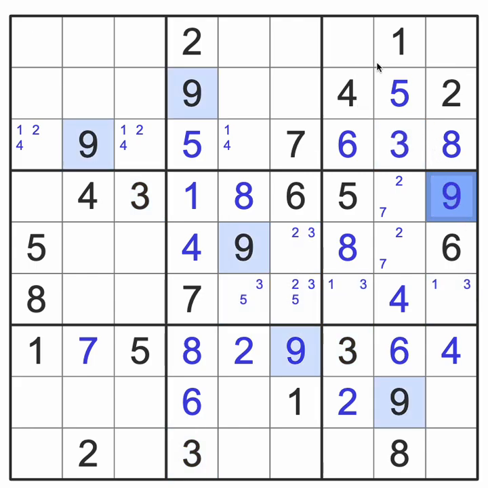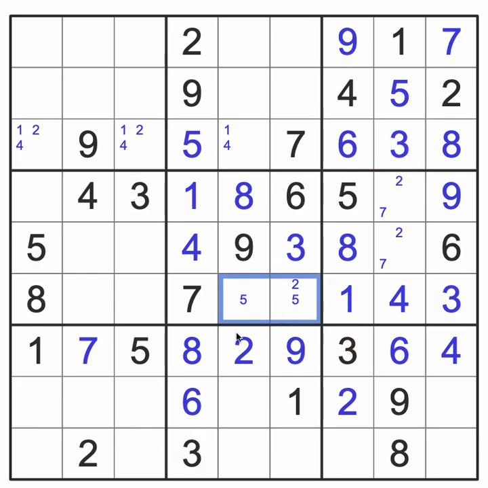And this 9 blocks this cell from being 9, gives me 7, and this becomes 9. And this one, 3 double, oh, it's actually 3 is here, so this is actually 1. That makes this cell 3, which blocks these 2 cells, gives me 3 here.